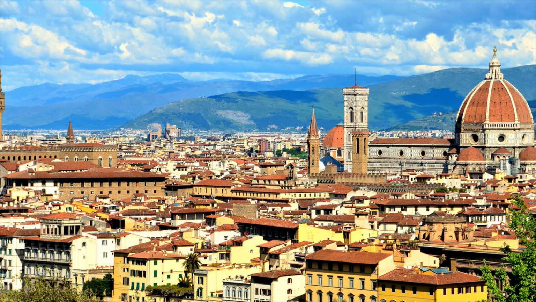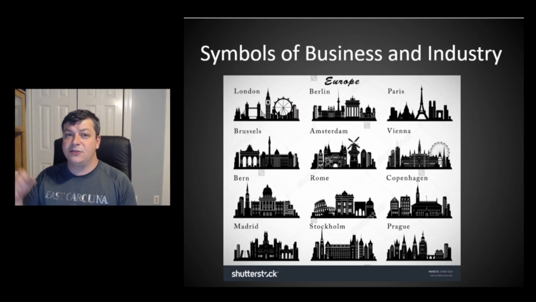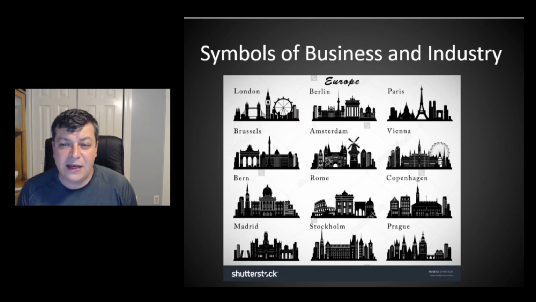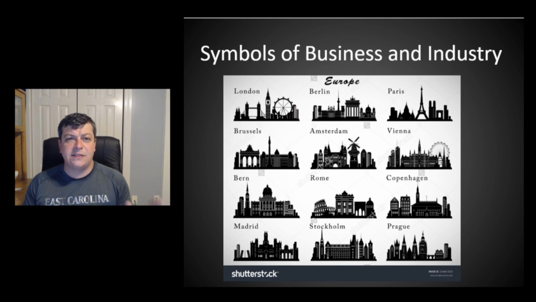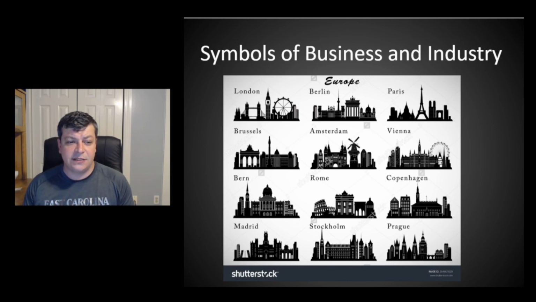Or we think to London and the features of government related to Big Ben, right? Or you think of Rome. Rome's another great example here, is that old antiquity of Roman architecture characterized by that of the Vatican. It really tells us the identity of these places, the cultural legacy attached to the architecture.